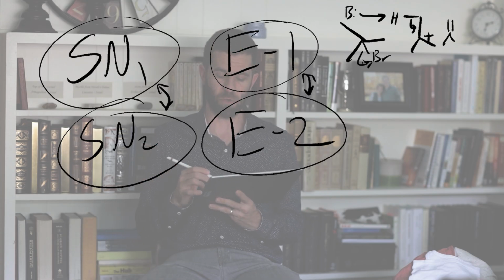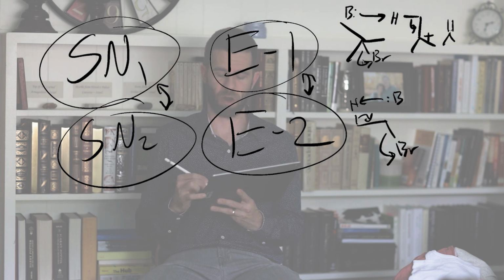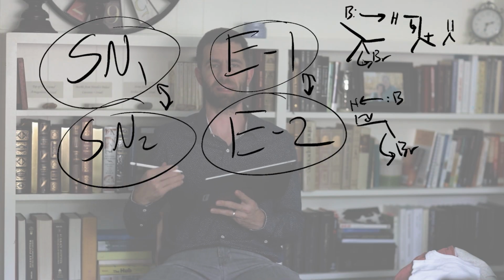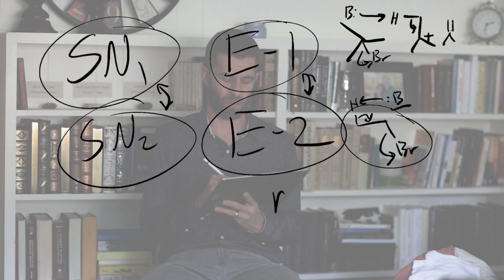Whereas in an E2 reaction, we would have a much less substituted alkyl halide, so it would take a base, grabbing the proton and forcing this Br away, just like the SN2 reaction, where we're going to have both the base and the alkyl halide in the rate law, right?